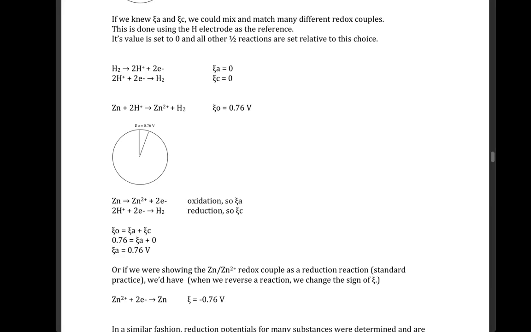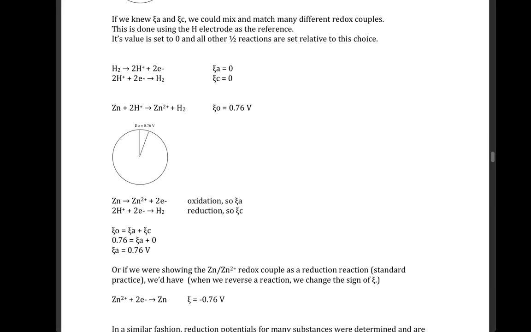So let's, in our example here, hook it up with zinc. And there's the overall reaction, zinc plus 2H plus yielding zinc 2 plus and H2. The overall potential, let's say we measured at standard conditions to be 0.76 volts.